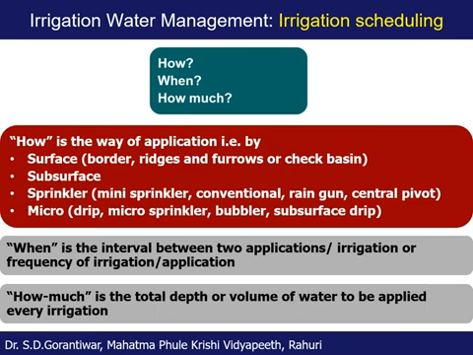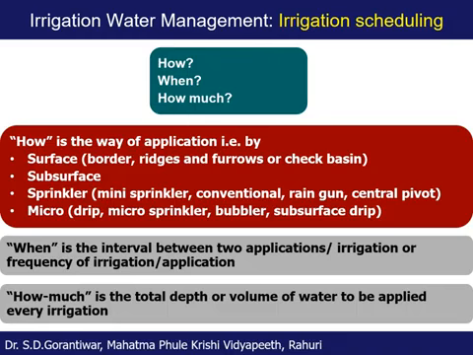The second part of irrigation scheduling is when to irrigate. Though this is not the topic of today's training lecture actually, when to irrigate means deciding the interval between 2 applications, 2 irrigations, or frequency of irrigation or application.